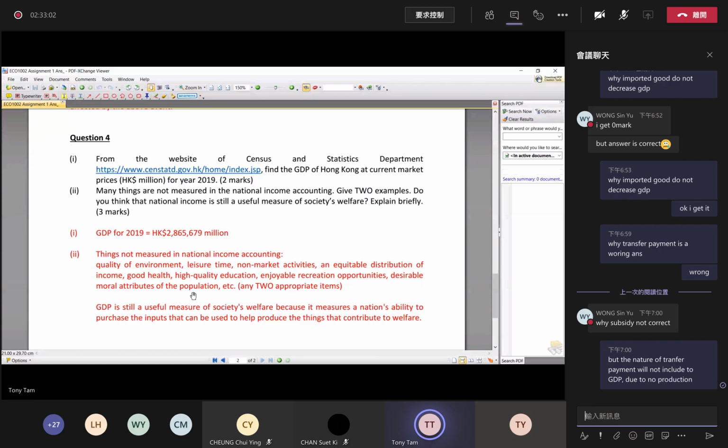Of course, transfer payment would not be part of the production. But if I talk about the well-being of the society, those who receive the transfer payment will do the consumption, right?